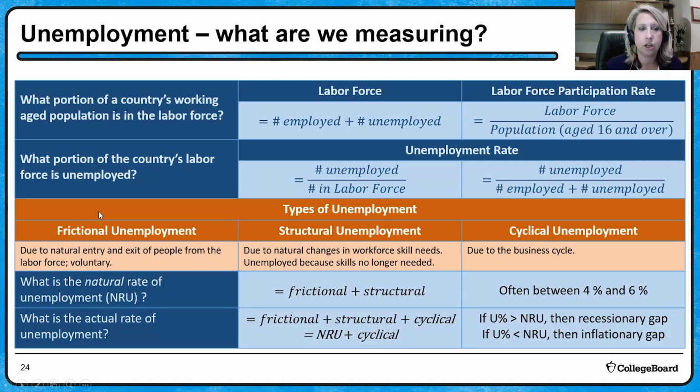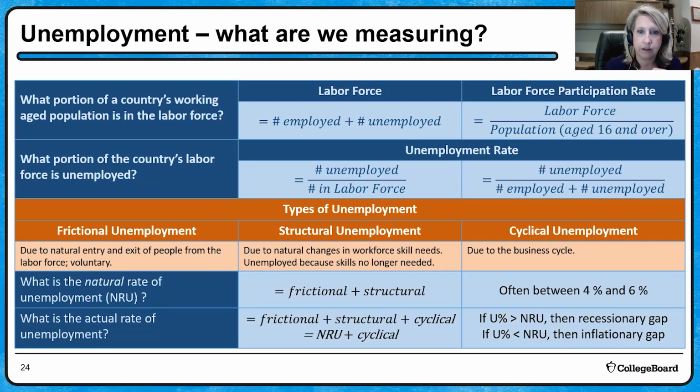We also learned in Unit 2 about frictional versus structural versus cyclical unemployment. So we want to know what constitutes each type of unemployment, and we want to be able to determine the natural rate of unemployment and the actual rate of unemployment. The natural rate of unemployment is the sum of frictional and structural, and it's often between 4 and 6%.